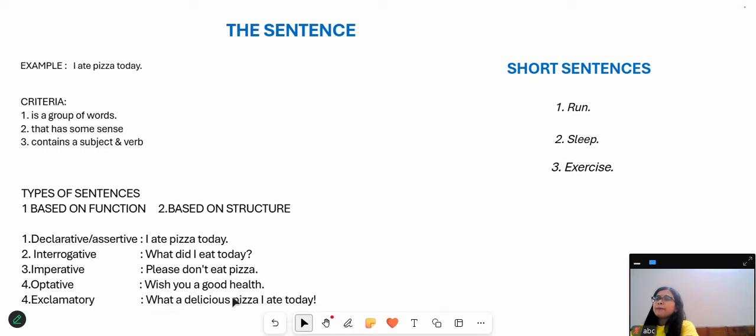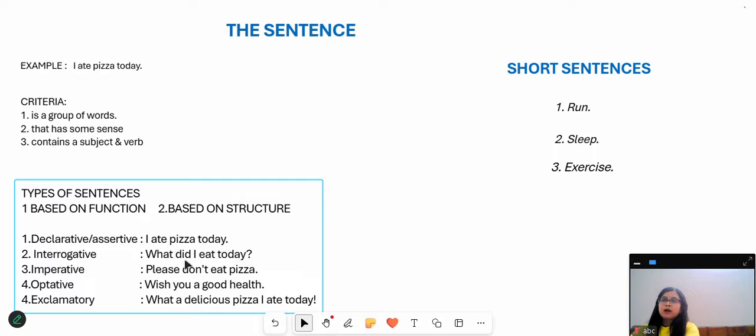So if I say "please don't eat pizza," this shows that I am requesting someone not to eat the pizza. Command, order, instruction, and request all fall in the category of an imperative sentence. So, this sentence falls in the category of imperative sentence.